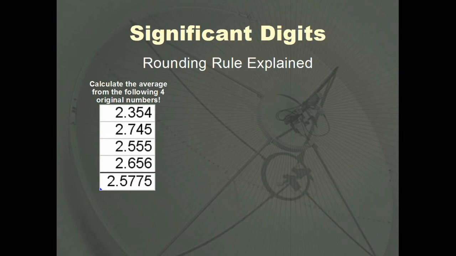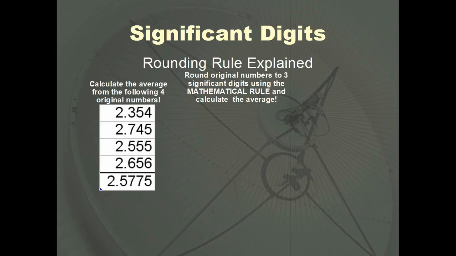Now, let's do the following. Let's take our original numbers and round them to 3 significant digits, but using the mathematical rounding rule, which means 0.5 goes up, 0.4 goes down.